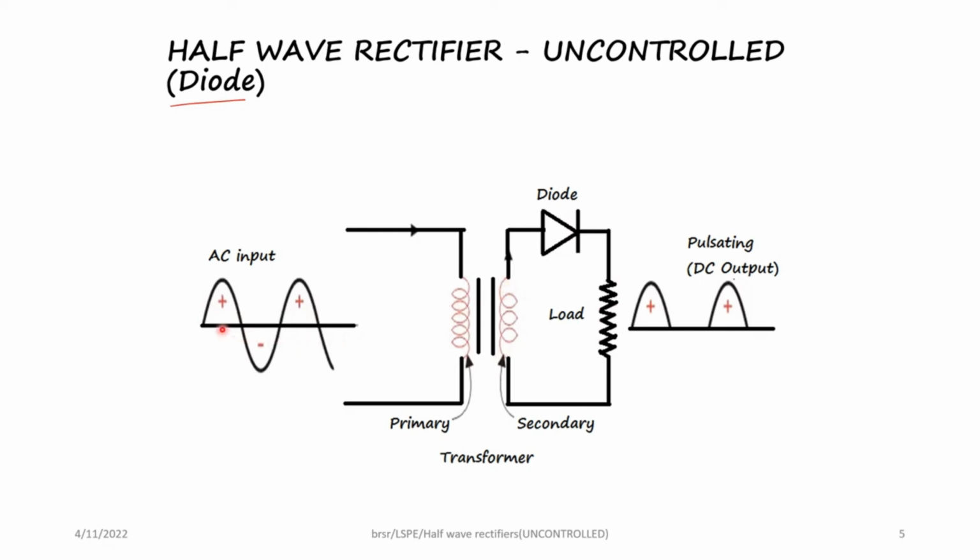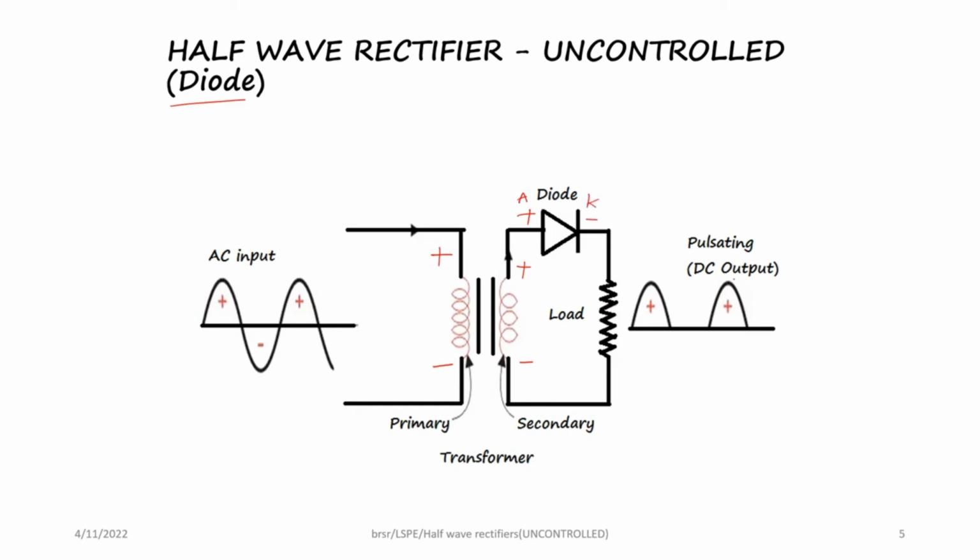Let us see what happens during the positive half cycle. During the positive half cycle, in the primary of the transformer, the upper part is positive and this part is negative. The same thing is happening here also in the secondary. This is plus and this is minus. The diode will also get plus here, which is the anode, and will get negative on the other side, which is the cathode.